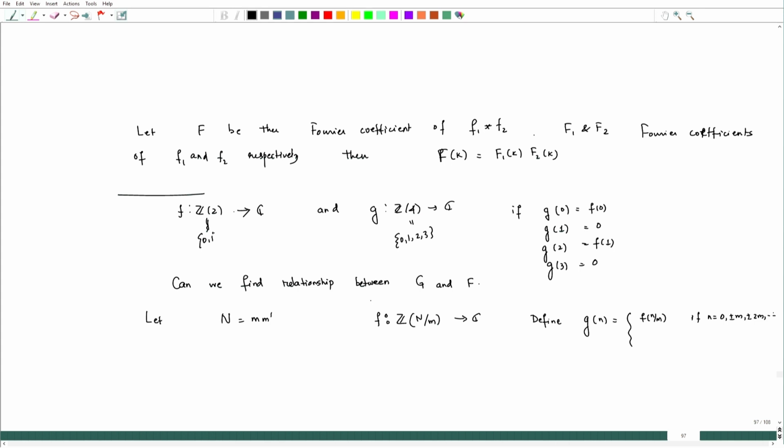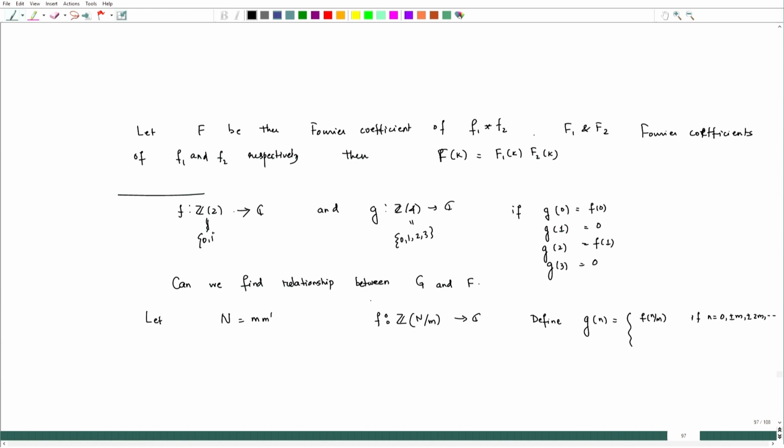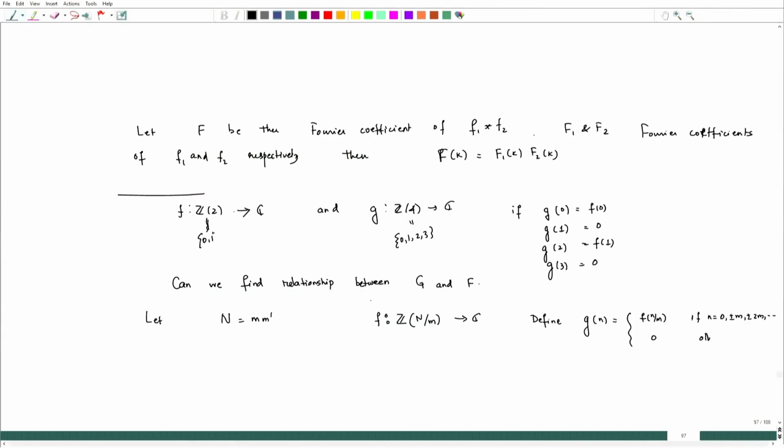Remember that m, 2m, 3m are divisible by m, and obviously I can go to 4 or 5, then in Z 4, 4 is going to correspond to 0, 5 is going to correspond to 1, and so on and so forth. So, I can define for all n like this, because it is going to fall back with the sum modulo, and then 0 otherwise.